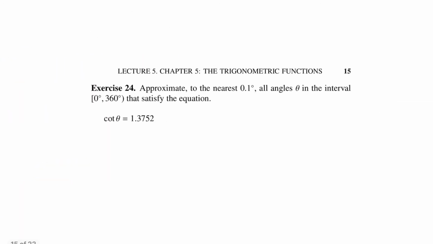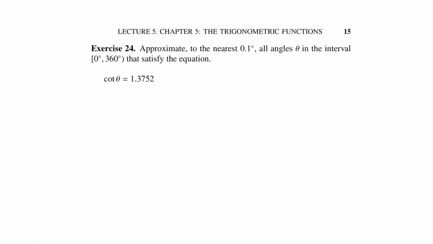All right, approximate to the nearest 0.1 degree all angles in the interval from 0 to 360. All right, so for this kind of a problem, think of the unit circle. Cotangent is x over y. Cotangent is positive. This is a positive number. Cotangent is positive in 2 quadrants.